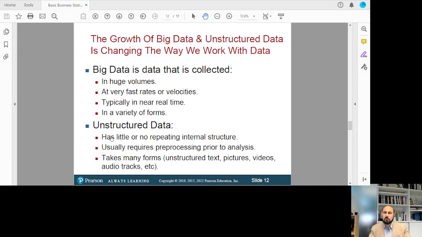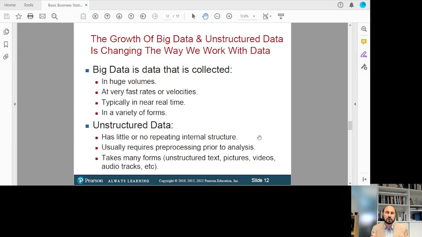One tweet in a few seconds can get thousands of retweets or comments or likes, right? So huge data is being produced. The more comments we receive, the more data is produced. But when data is huge, it is often unstructured, has little or no repeating internal structure, usually requires pre-processing prior to analysis, and takes many forms such as unstructured text, pictures, videos, audio tracks, and so forth.